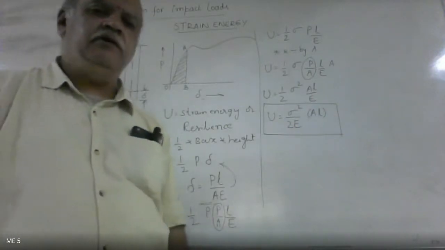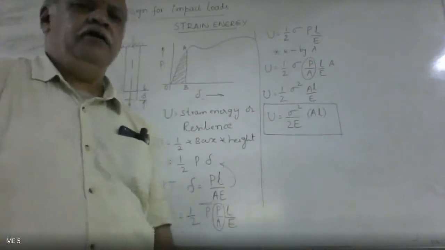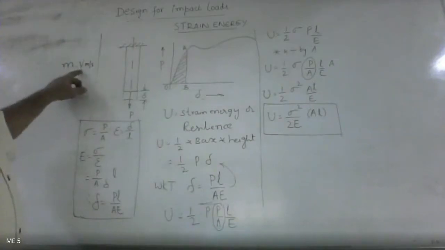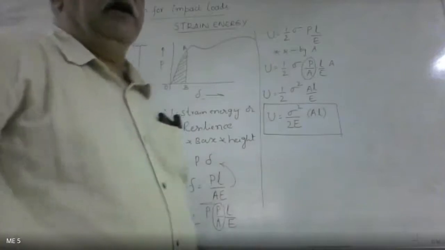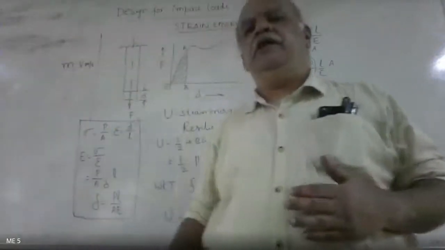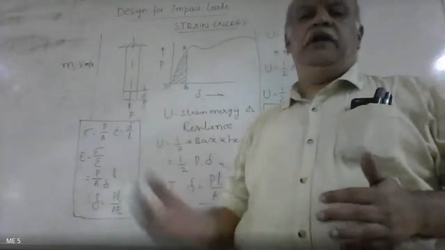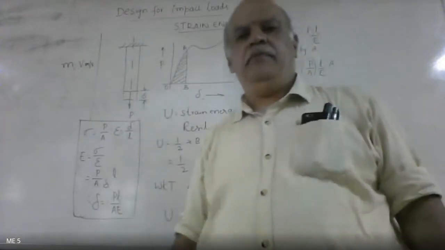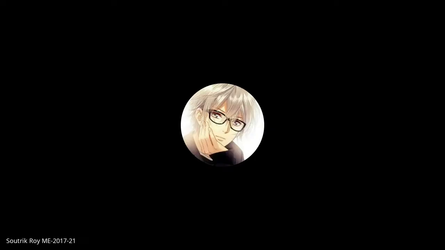Can anyone answer me? What will it be equal to? So there is a mass of m moving with velocity v. When that hits another body, the second body will receive an energy equal to. Can anyone tell me what that energy will be equal to? The kinetic energy of the moving body. Excellent.